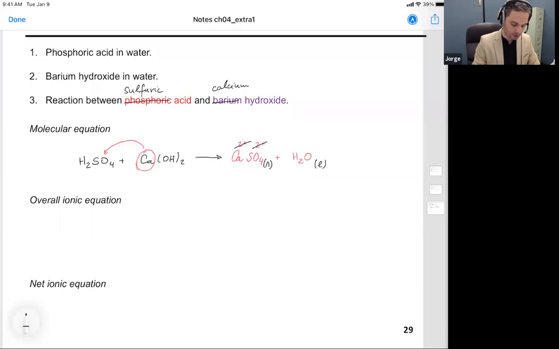Calcium and sulfate are already balanced, and we just need to balance the water here with a number 2. And that's what you got for the molecular equation. Any questions at this point?